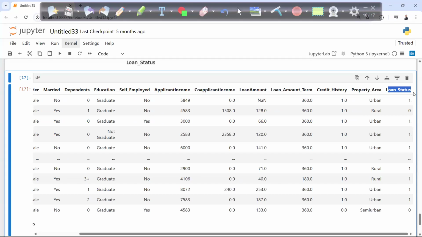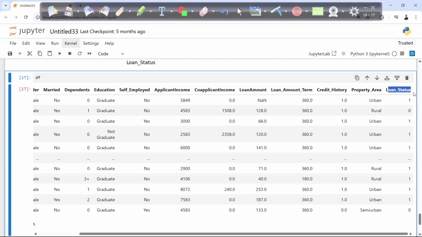Because what is my aim? My aim is to know, do we have any feature which is basically deciding whether my customer will get the loan or not, right? So basically the idea is that I want to focus on loan status in all the analysis, all the charts, which now I am going to build. Okay.